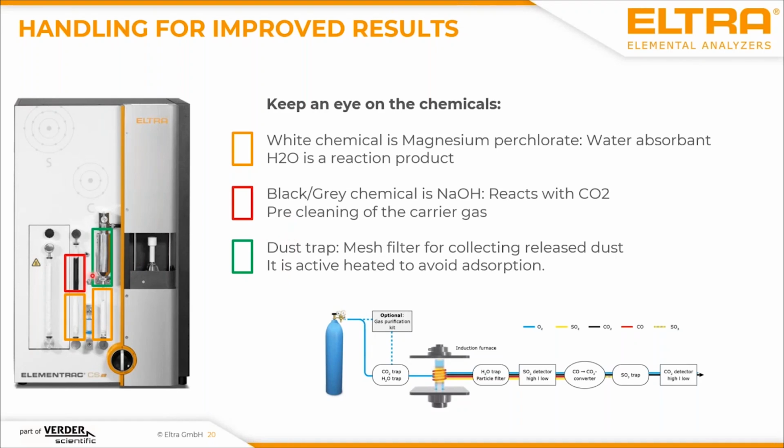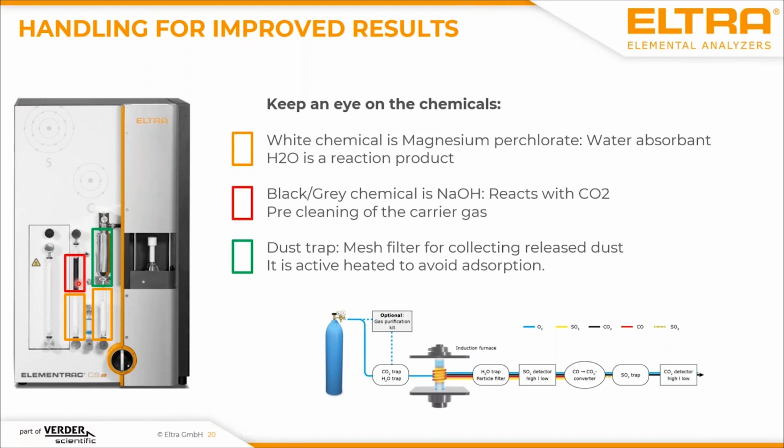The other chemical we want to get rid of is CO2 coming from the initial gas. As I said before, normally we take a quality of 99.5, which means 0.5% of the gas coming in is not oxygen, but something else. And most of it is CO2.